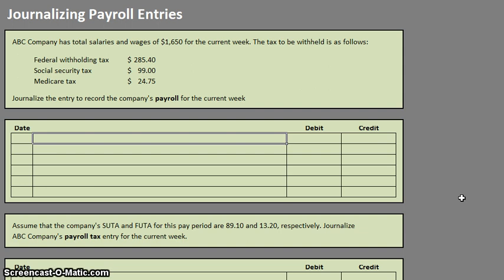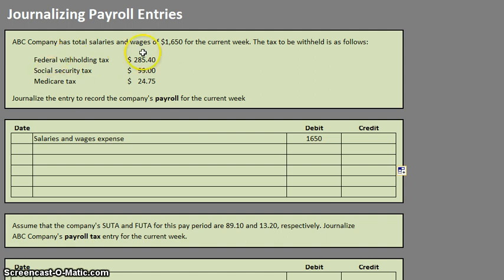So in order to recognize this expense, we debit salaries and wages expense for that full gross pay. Because even though the employee might not be getting that full $1,650 after we take out the taxes, that doesn't mean that we get to keep those taxes. We actually have to pay that to the government.